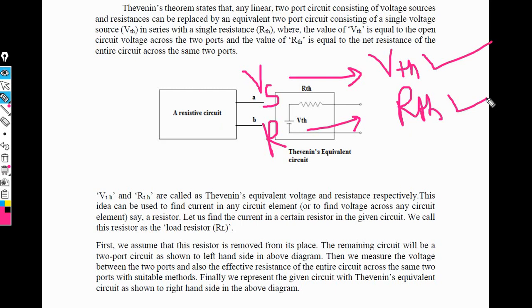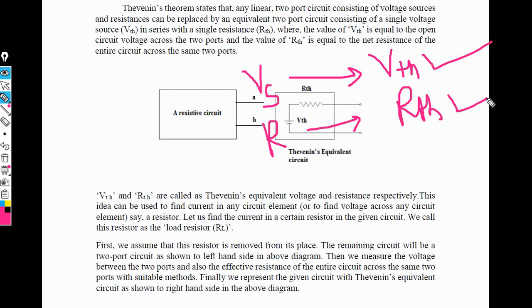This phenomenon is called Thevenin's equivalent voltage and Thevenin's equivalent resistance, VTH and RTH, and this phenomenon of the two-port circuit is called Thevenin's theorem.